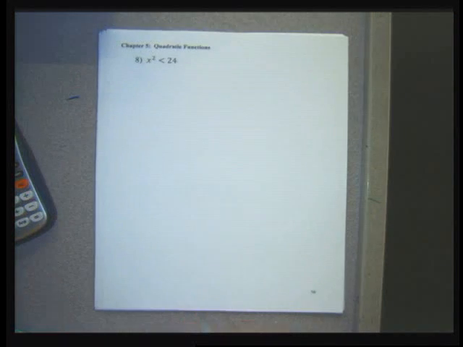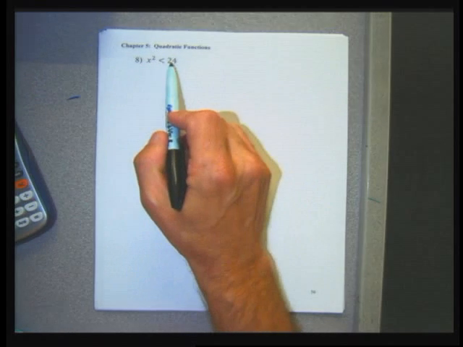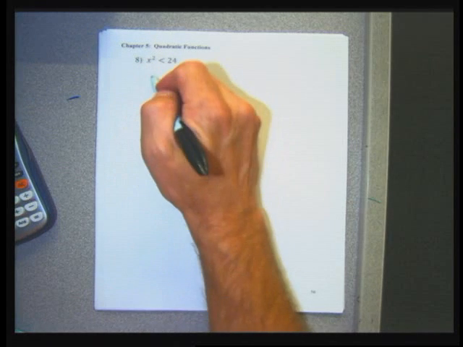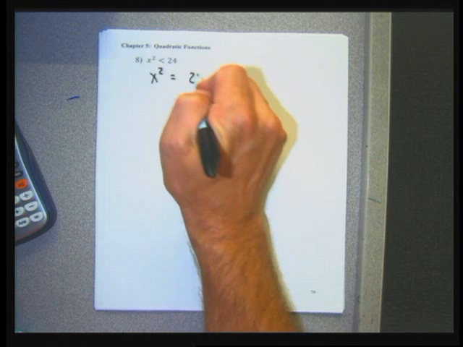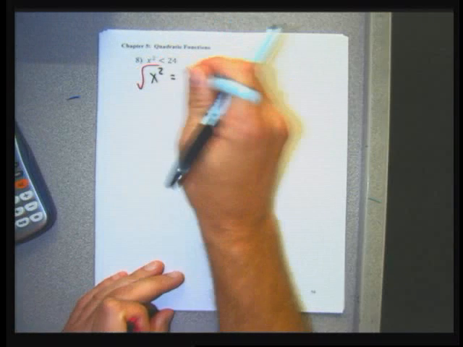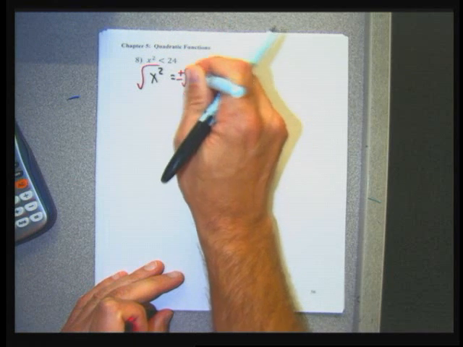Move on to 8. X squared is less than 24. Not a special case because the right side's just not a negative number. So I'm going to change the less than sign to an equal sign and get x squared equals 24. And then I'm going to square root and plus or minus square root.